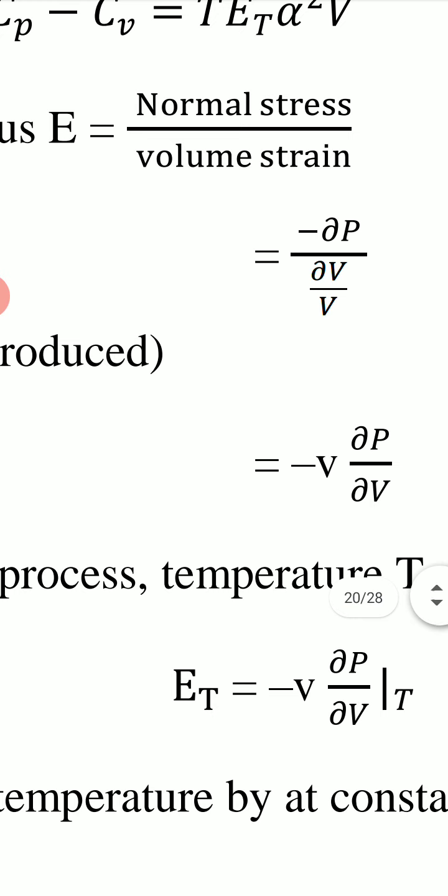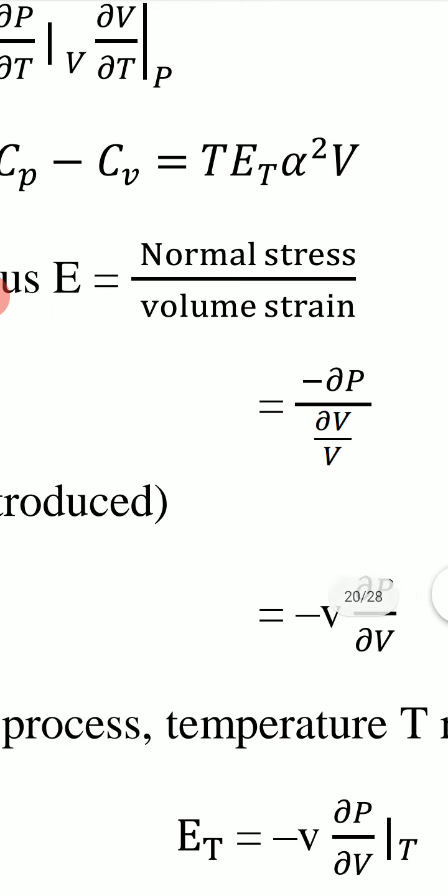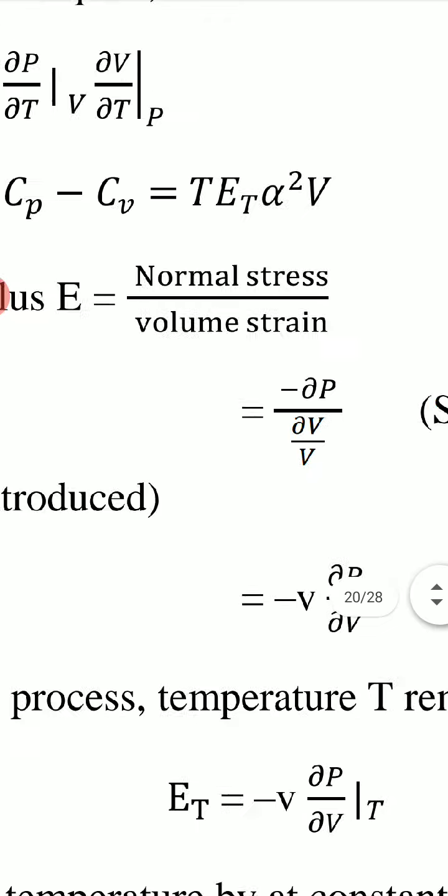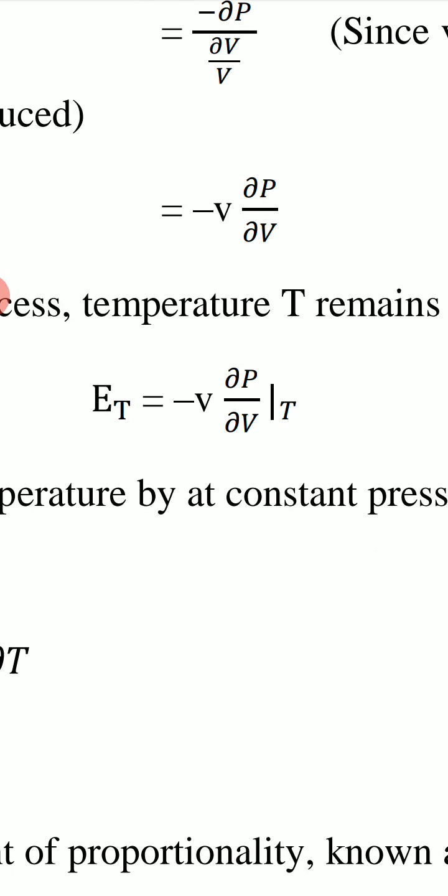Now this bulk modulus E is equal to minus V delta P upon delta V. This is E, but we use here ET. ET is bulk modulus for constant temperature. For constant temperature, we write ET as minus V delta P upon delta V at constant T. So this is the bulk modulus for a process where temperature T remains constant, that is, for an isothermal process.